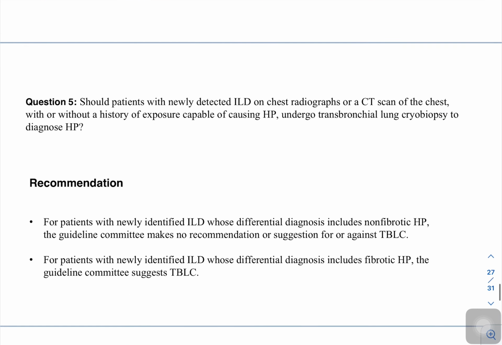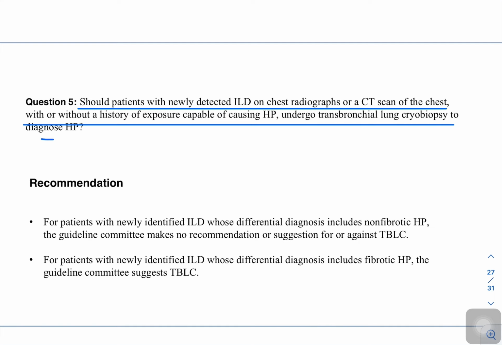Question 5. Should patients with a newly detected ILD on chest radiograph or CT scan of the chest, with or without history of exposure capable of causing HP, undergo transbronchial lung cryobiopsy to diagnose HP? The committee makes no recommendation for non-fibrotic, and the committee concludes that for fibrotic HP we should go for transbronchial lung cryobiopsy.